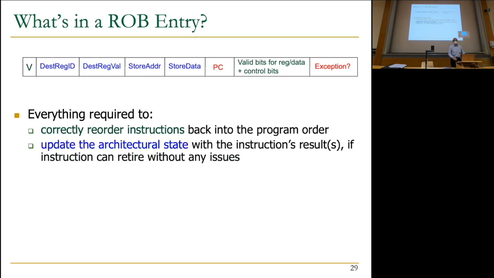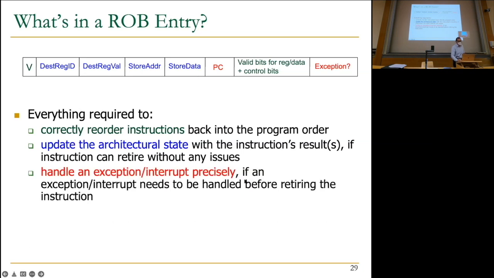Update the architectural state with the instruction's result or results if the instruction can retire or commit without any issues, exceptions, in other words, or there are no interrupts that you're going to handle before this instruction. And also handle an exception or interrupt precisely if it needs to be handled before retiring or committing this instruction. So these are the things that you need to have in your reorder buffer entry so that you can actually correctly execute the program in von Neumann semantics.